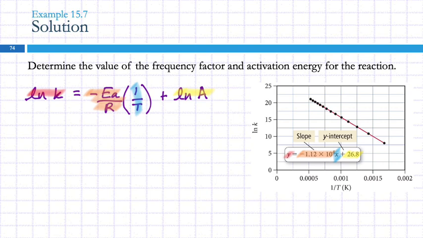So how do we find the frequency factor? Well, the frequency factor is A, and the natural log of A is equal to 26.8, because that's what the linear equation tells us. So to solve for A, we do e to the x on both sides.